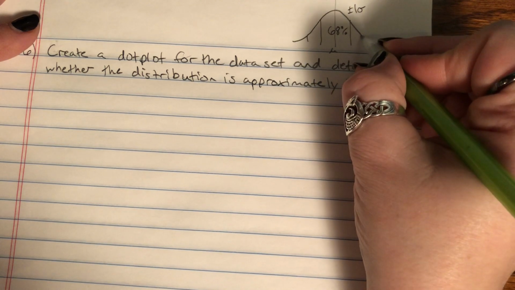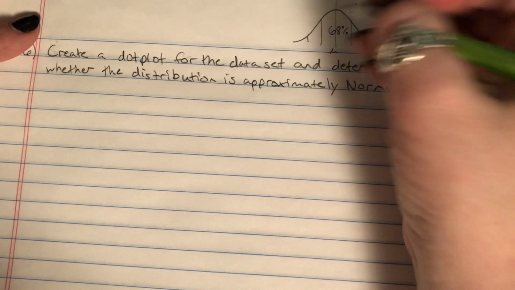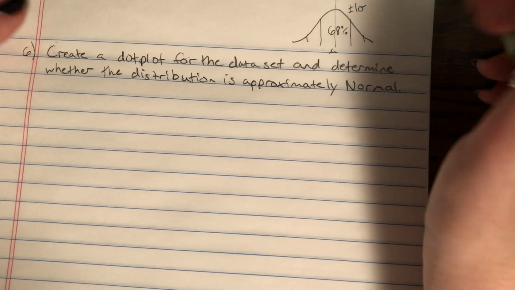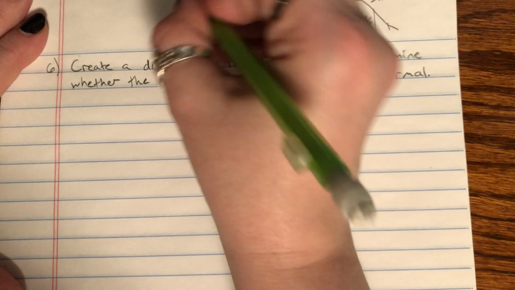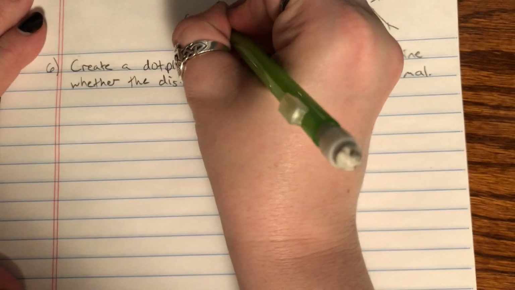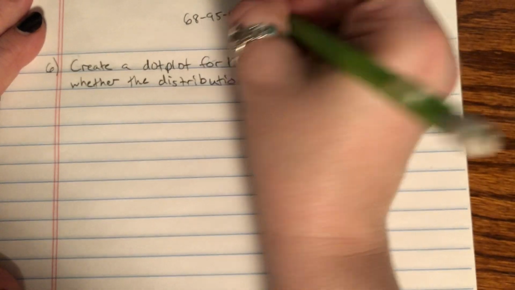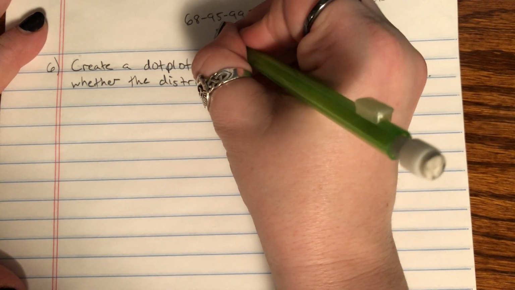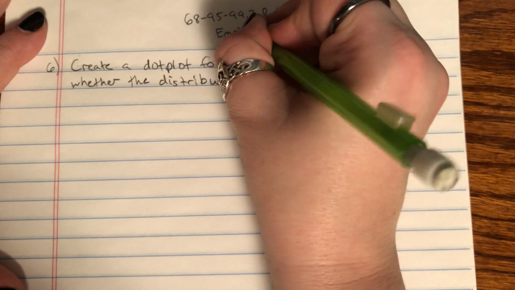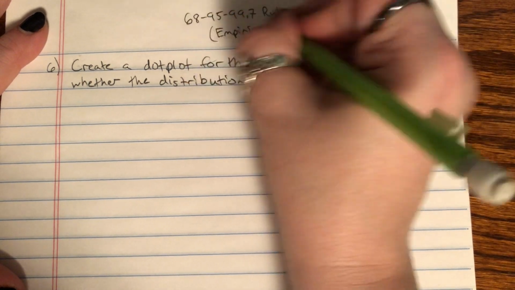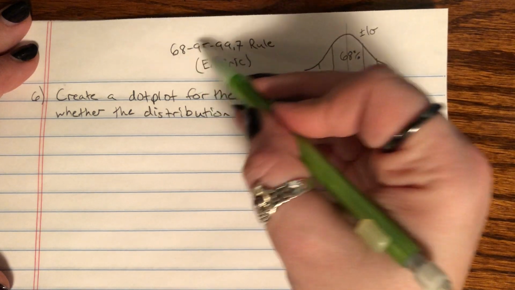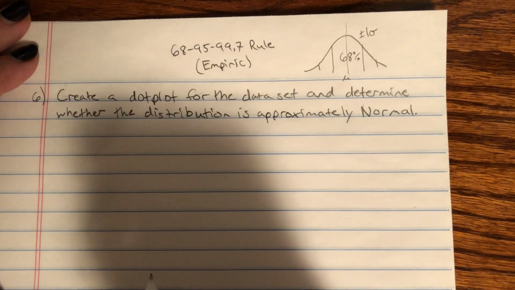When you go within 2 standard deviations, you're going to have 95% of your data. Within 3 standard deviations, 99.7% of your data. This is called the 68, 95, 99.7 rule. It's also known as the empirical rule. Why the empirical rule? I have no idea. I just know it's also called that. So 68, 95, 99.7 rule, also known as the empirical rule.